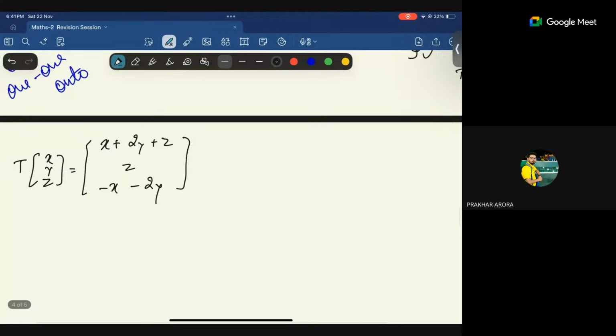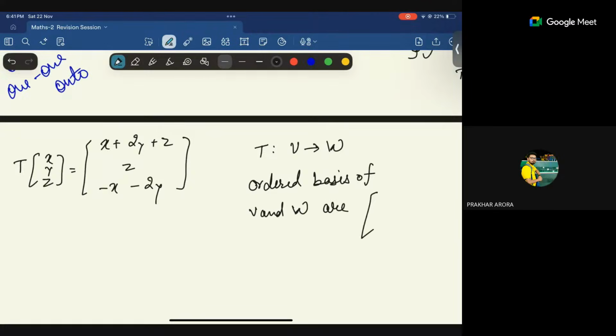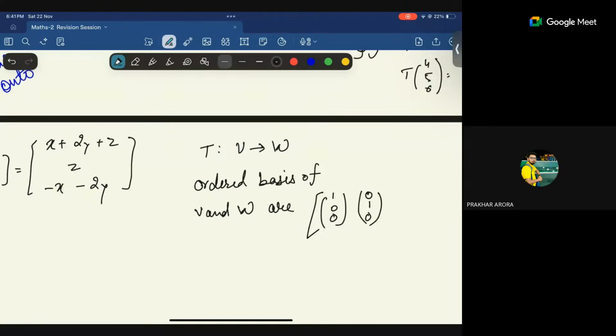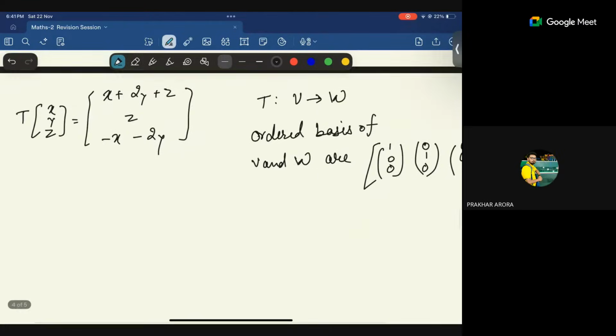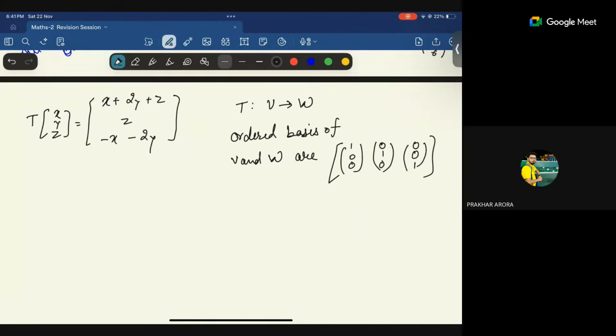Sorry, T is a transformation from V to W, and the ordered bases of V and W are 100, 010, 001. Then you have to find the matrix of transformation.